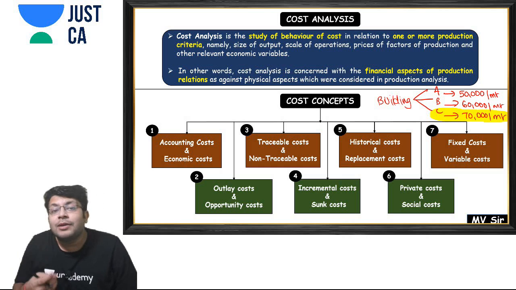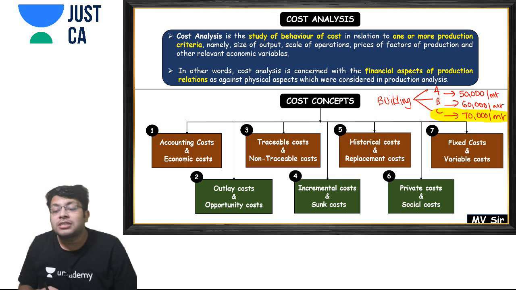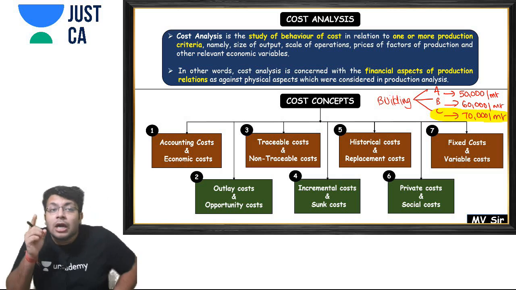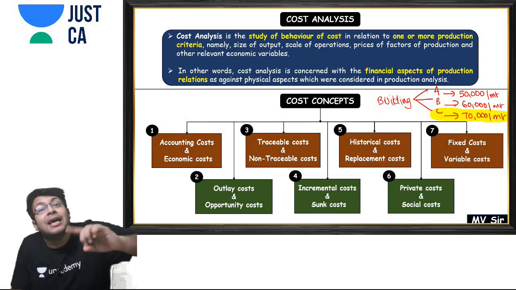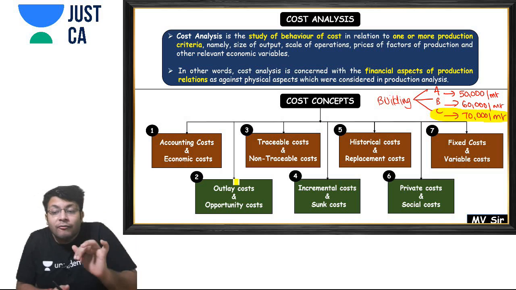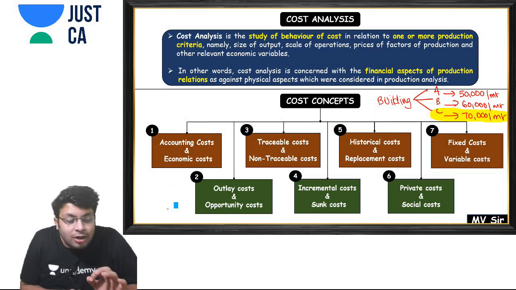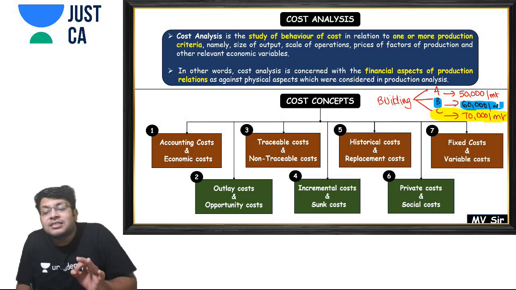Now what will be my opportunity cost over here? Some people say, sir, your opportunity cost is 50,000 plus 60,000. No, your opportunity cost is the cost of the next best opportunity foregone. The next best opportunity was to give your building on rent to B. You could have earned 60,000 per month.